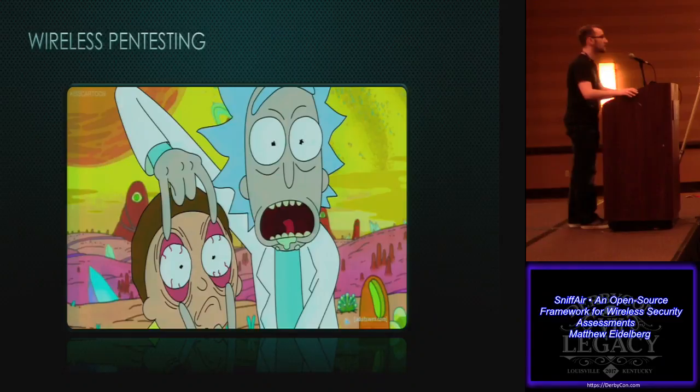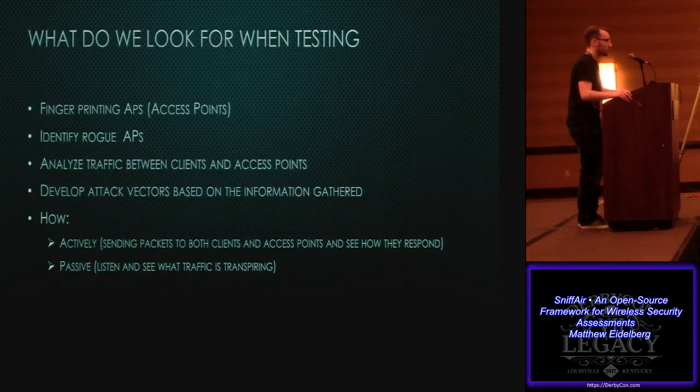Before we talk about SnifAir, let's talk a little bit about wireless pen testing. So what do we look for? Before we jump into the exploitation, the fun stuff, we need to first get the lay of the land. That first requires us to fingerprint the access points, APs, and discover what authentication and encryption they might use.